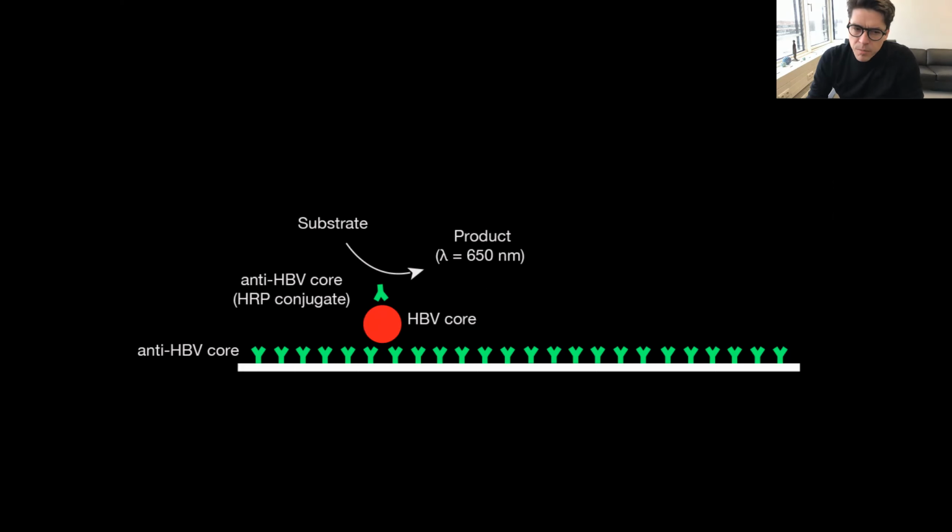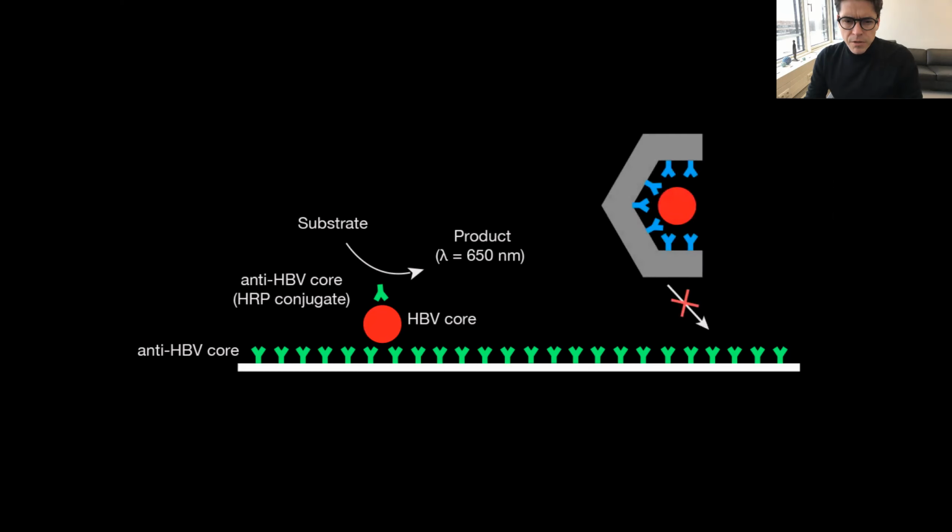Then you do a second wash where you apply another antibody for the virus, which is conjugated to horseradish peroxidase. Horseradish peroxidase can convert an initially colorless substrate into a colored substrate. So depending on how many viruses have been bound to the surface, you get more or less colored product per unit time. That's how you can quantify how many viruses you actually have stuck on the surface.